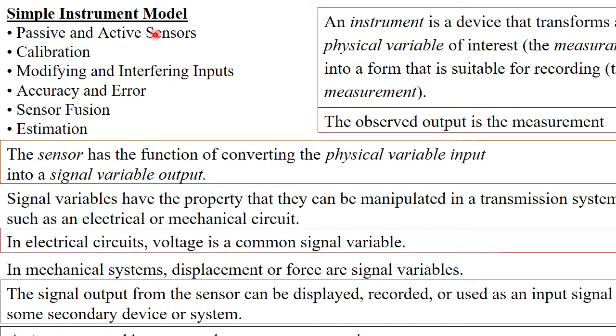So, for example, the pressure, the displacement or force, these things produce this signal variable which we take as the output of the sensor.